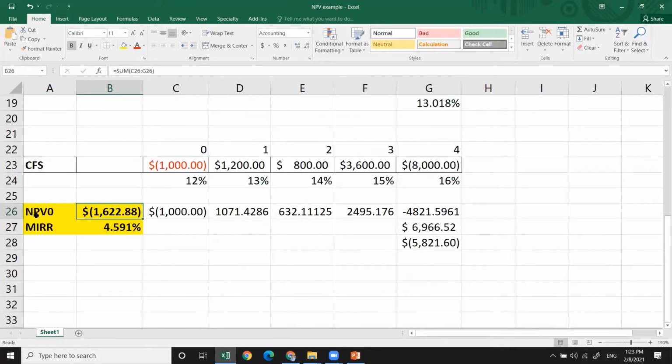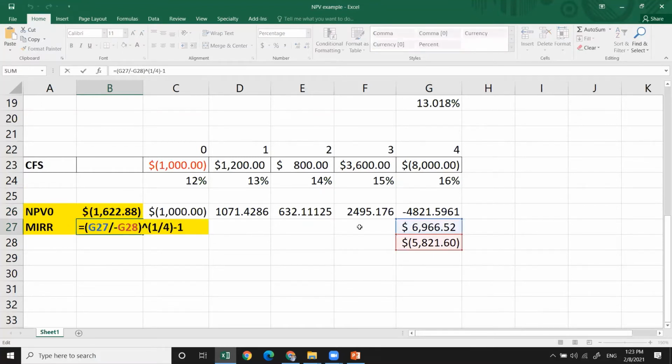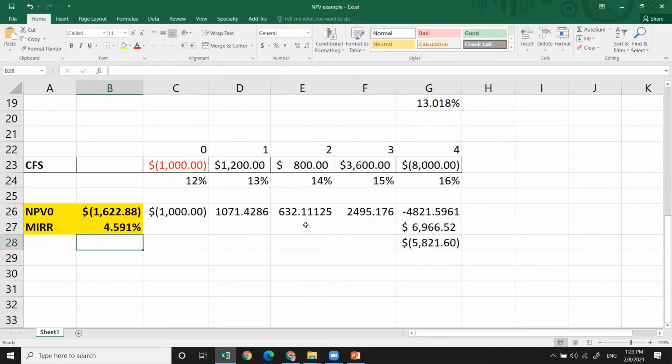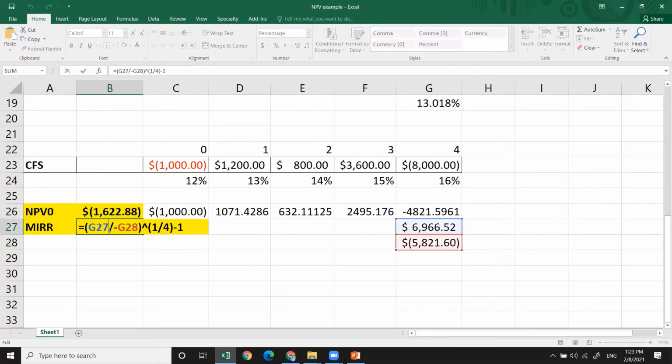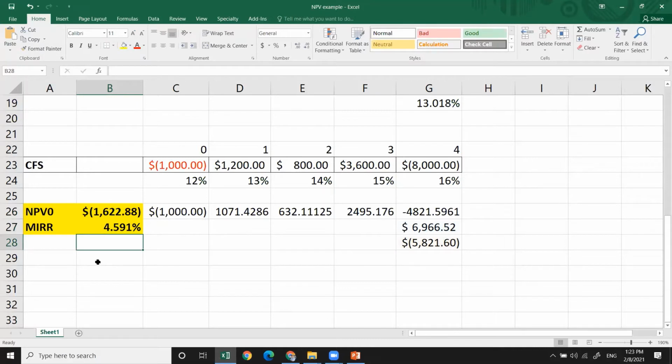So my NPV is this, and MIRR this. It seems okay. Compounded value divided by the discounted value and raised to the power 1 over 4. Okay, great. Do you have any questions? No. Okay, great.